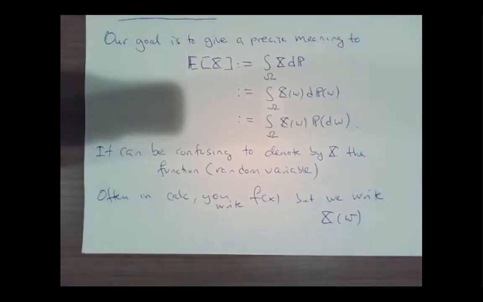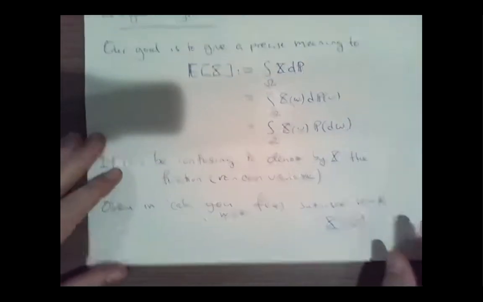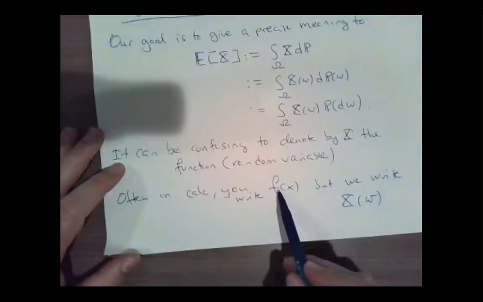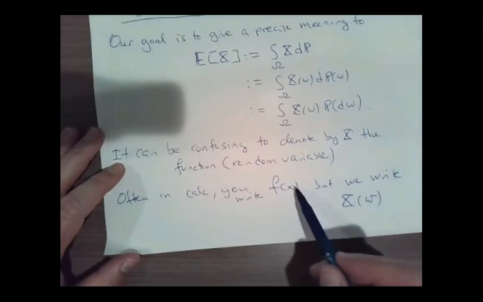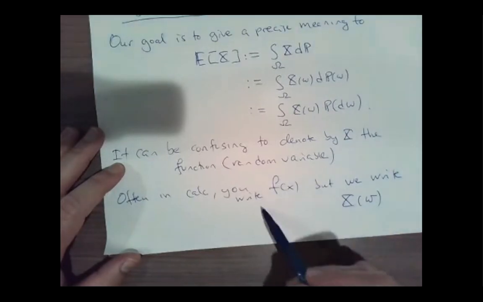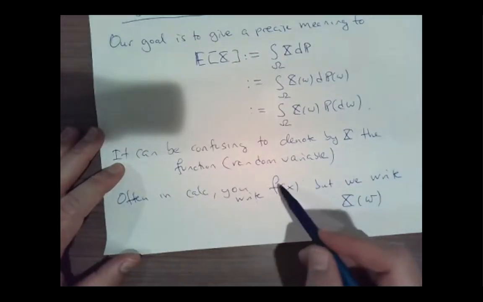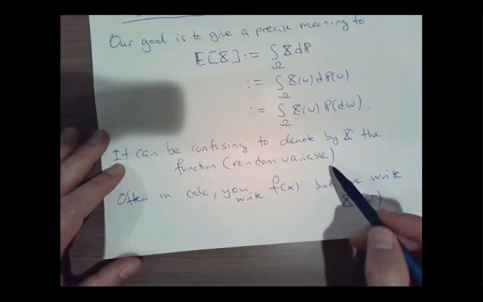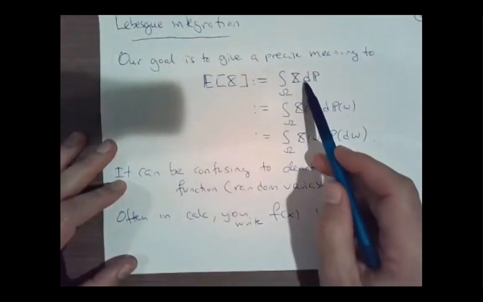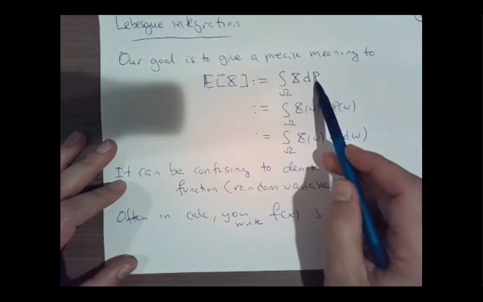Okay, so this is our goal. How do we give meaning to this? And of course, you guys have seen how to integrate here with respect to dx. You already did it in the homework, right? You've been integrating this f of x with respect to dx. But this is not what we're writing here. This is not dx here. This is dp.